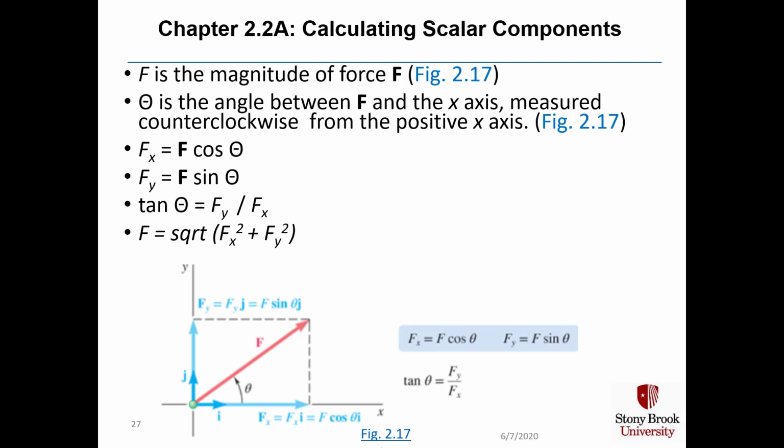Tangent theta is equal to F sub y in italics divided by F sub x in italics, and F in italics is the length of the vector that represents force F, and that's equal to the square root of F sub x in italics squared plus F sub y in italics squared.